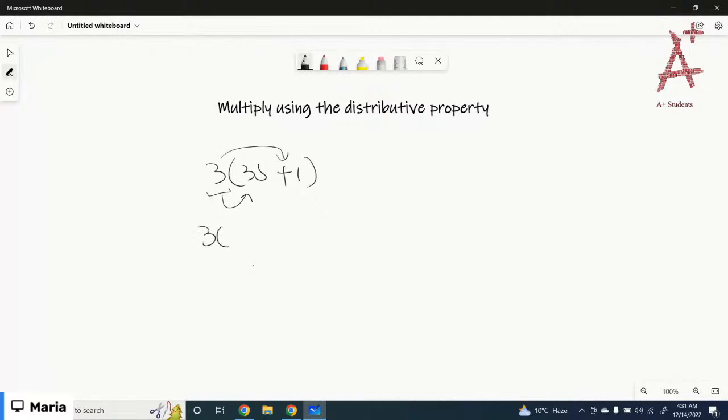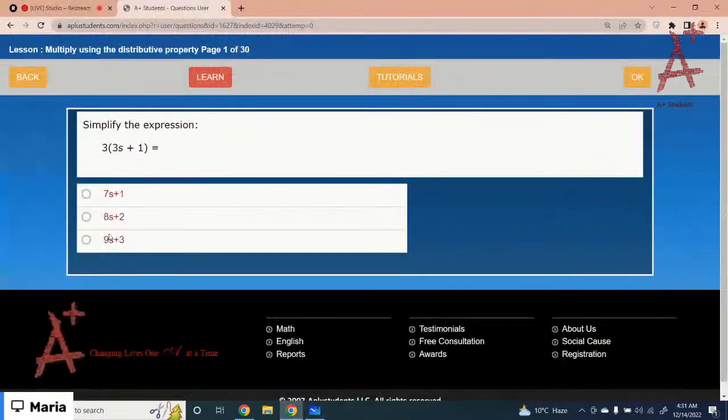You do 3 times 3s, write the addition sign as it is, and do 3 times 1. So 3 times 3 is 9s and 3 times 1 is 3. So it would be 9s plus 3. Just select the correct option, then click on the OK button. The correct option is 9s plus 3.